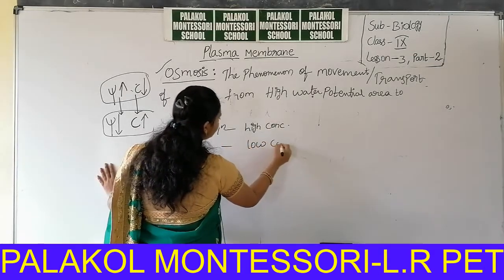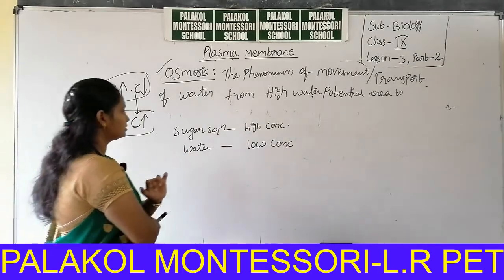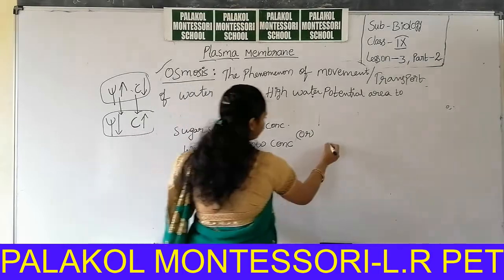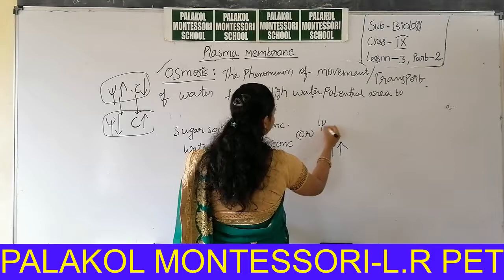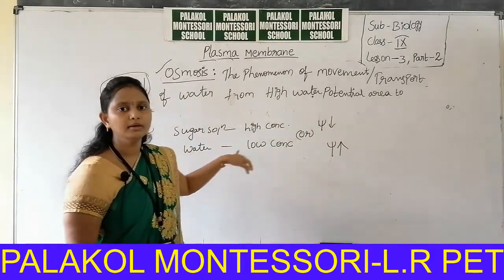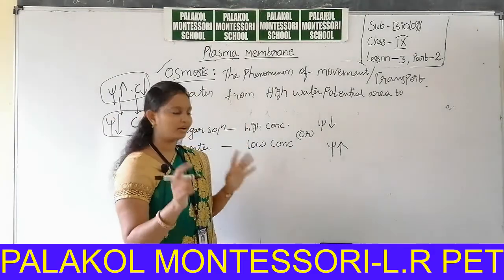Sugar solution having high concentration and water having low concentration. In other words, we can write as water having high potential and sugar solution having low potential. It is potential, it is concentration. You just consider any one of these.